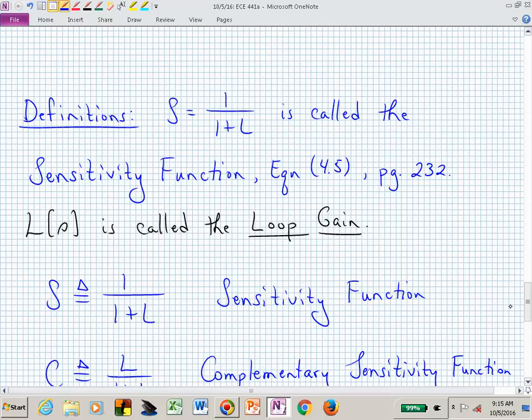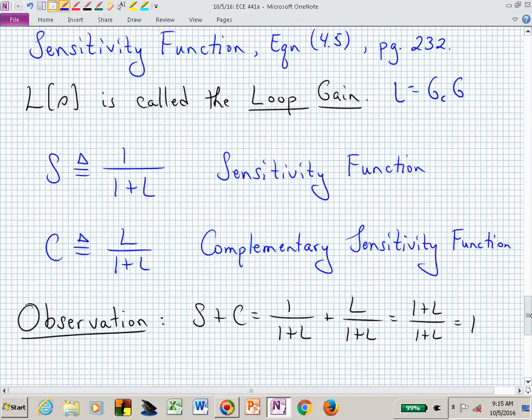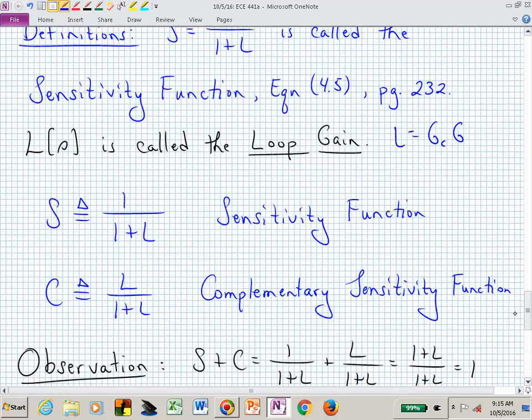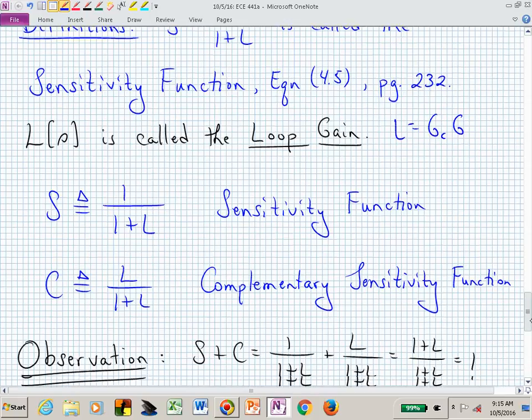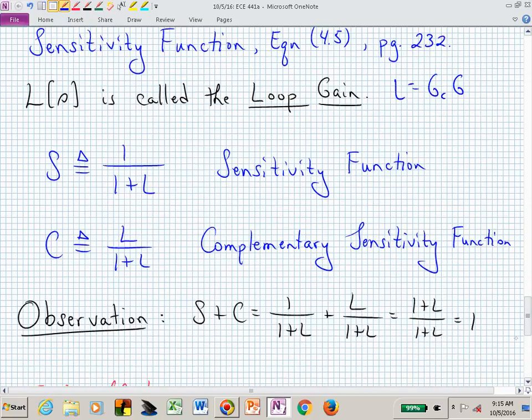That S, the 1 over 1 plus L, is called the sensitivity function. And L was our loop gain. And L was G sub C G. But we also had a C floating around in that equation. And what happens if we look at S plus C?